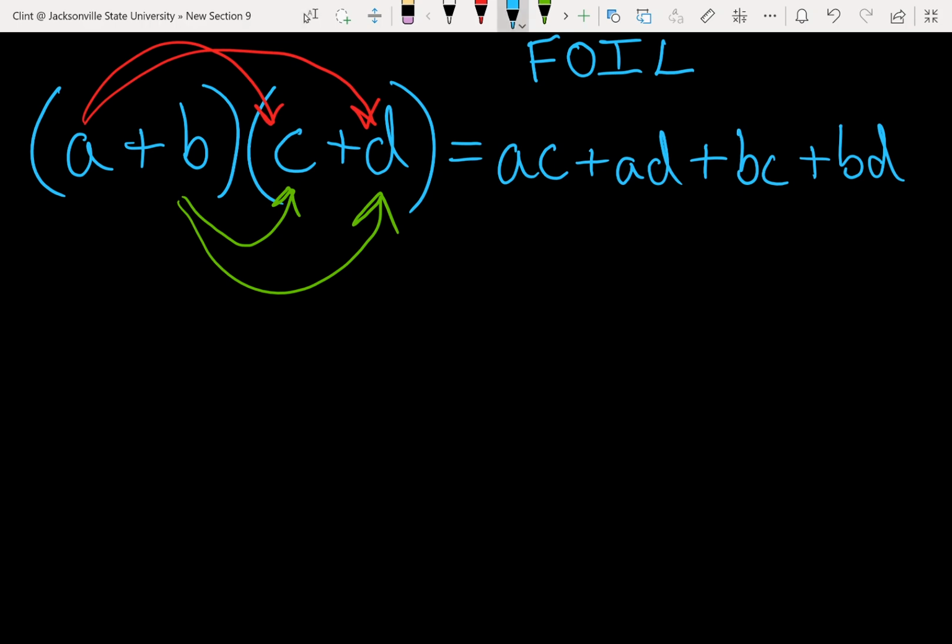Let's think about something raised to a power. Think about the exponent rule. We want to take the product, a times b, raised to the third power. How do we sort that out? What do we end up with there? It's okay if you're incorrect.